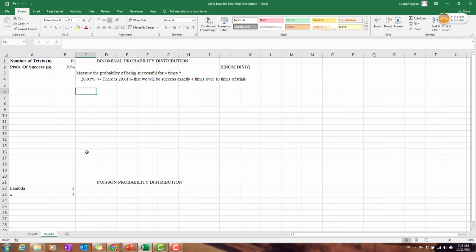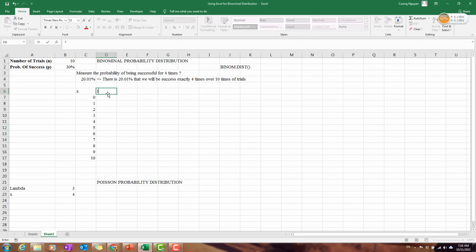The other thing is that I can use the same methodology to measure for different values. I will call x the number of successes, spread from 0, 1, up to maybe 10, because we have 10 trials in total.